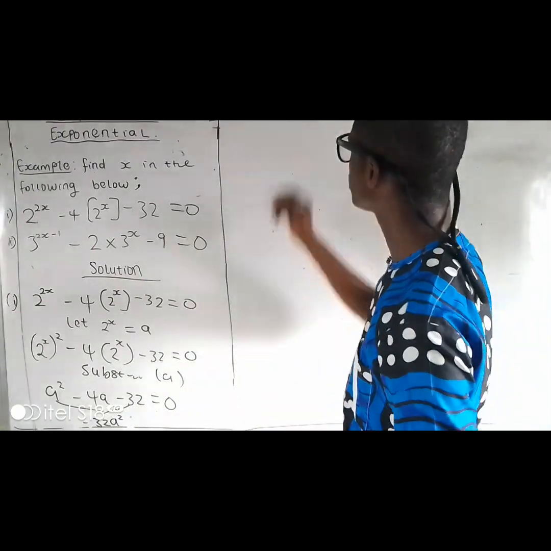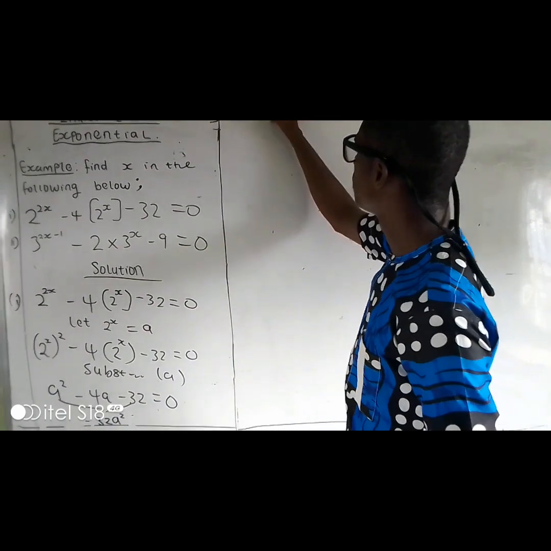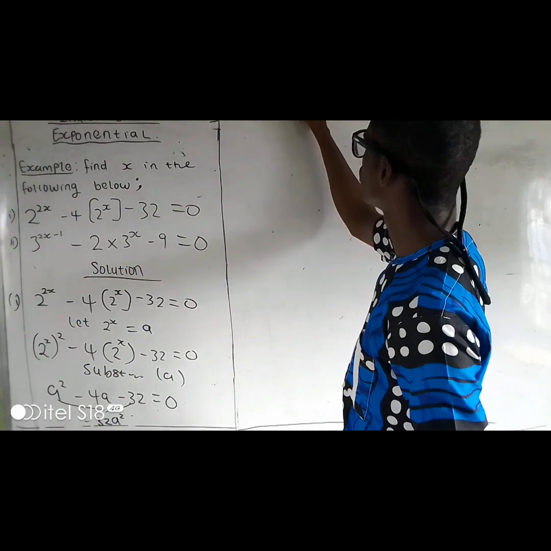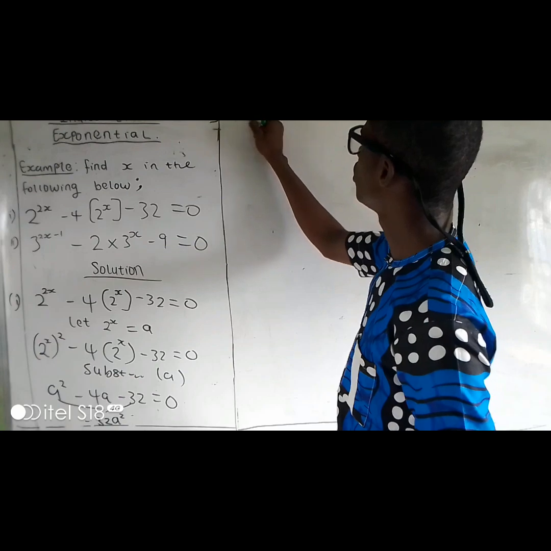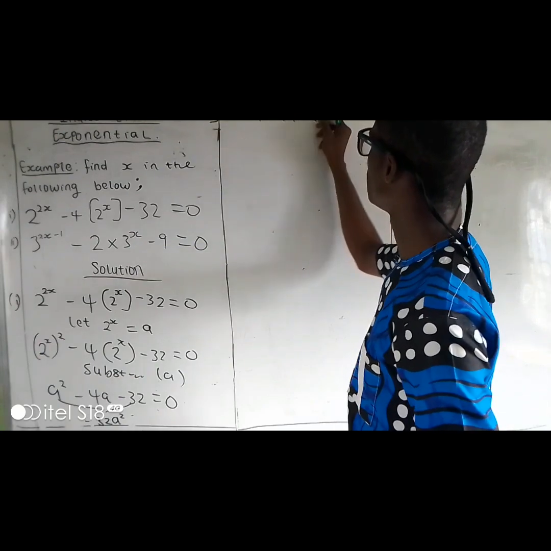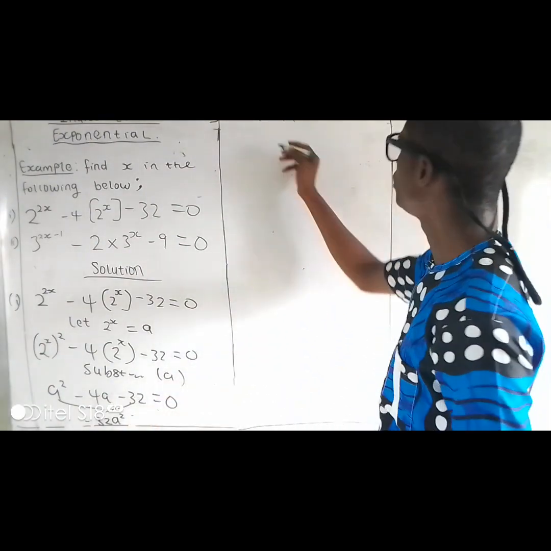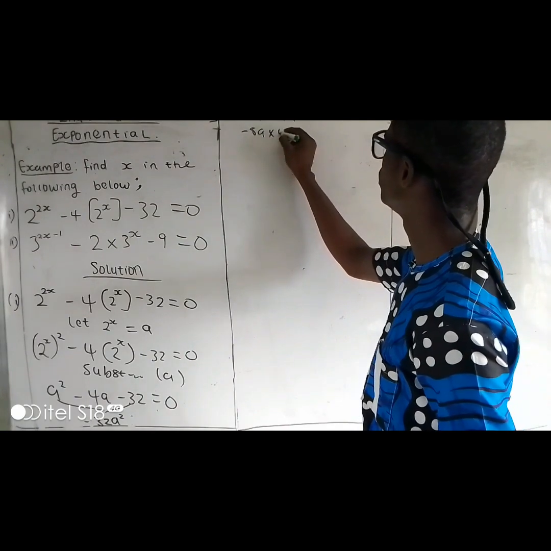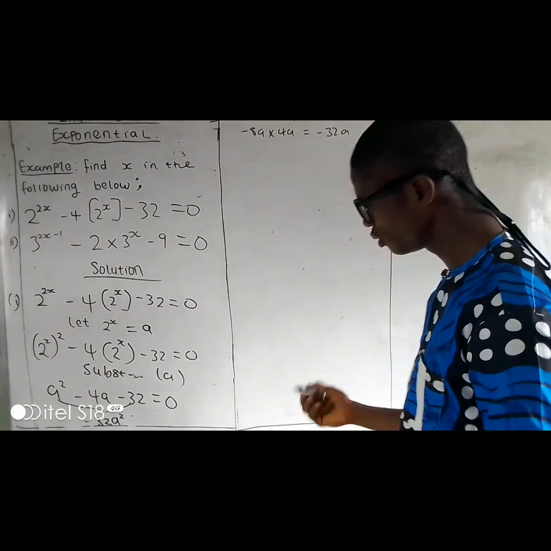So how we do it is minus 8a and plus 4a, because when you add these two together, you will have minus 4a. Then when you multiply these two, you will have minus 32a.